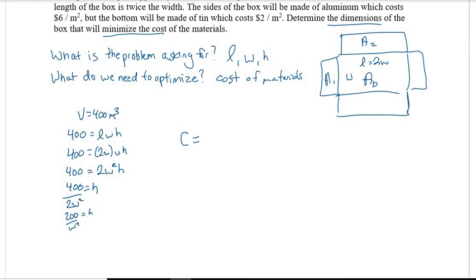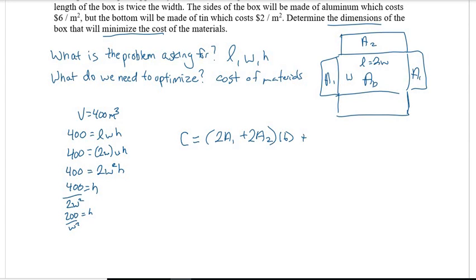So the cost of this is going to be, we said that the sides cost $6 per meter squared. So we're going to take 2 of those A1s and 2 of those A2s, and that's the amount of material that we need to build the sides, and we're going to multiply it times 6.